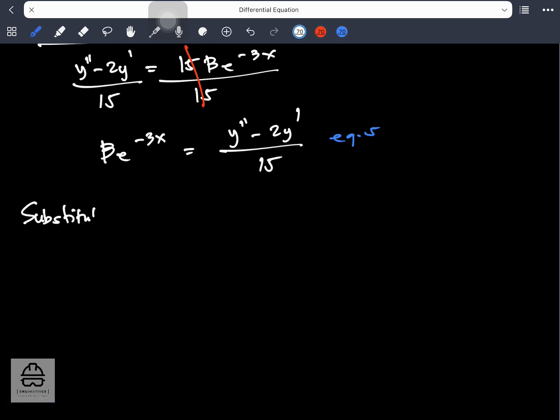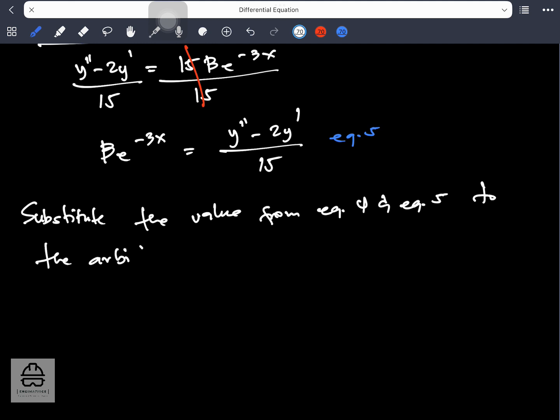Substitute the value from equation 4 and equation 5 to the ae raised to 2x and be raised to negative 3x of the original equation.